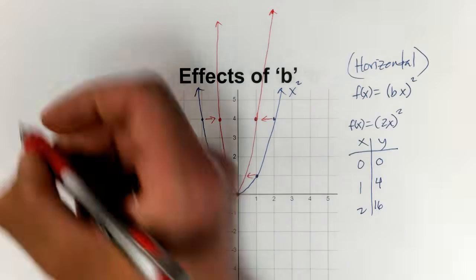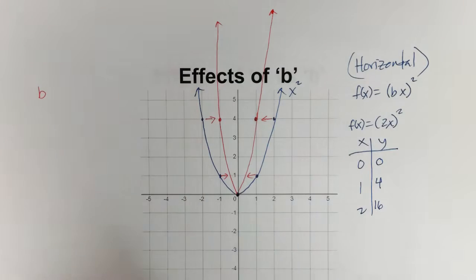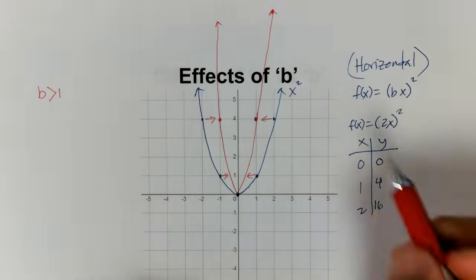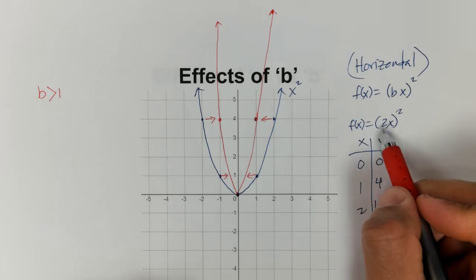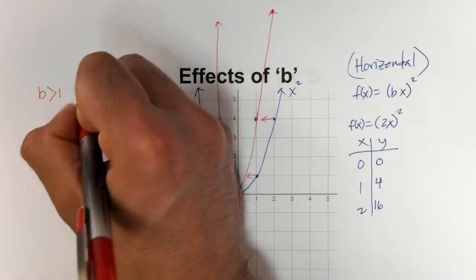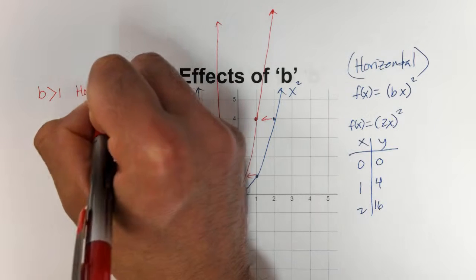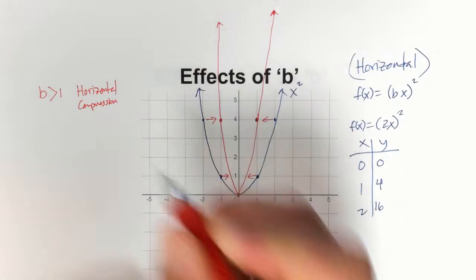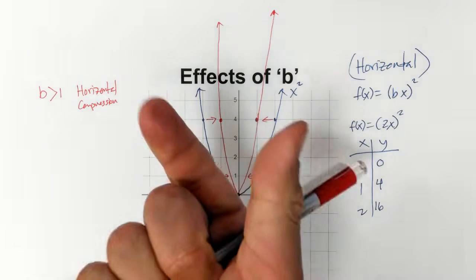So here's our first rule. If b is greater than 1, let's say in this case we use 2, but if we want to use anything greater than 1, it's going to do a horizontal compression. It's going to squeeze the function horizontally.